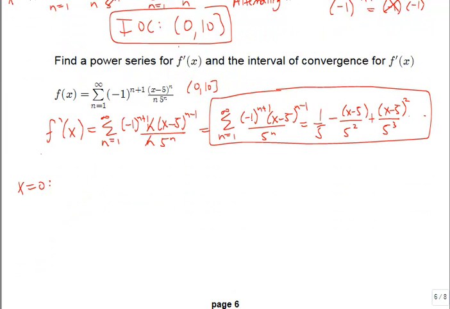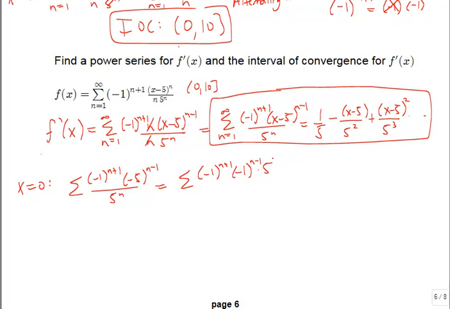So at 0, into this derivative formula, this series would become negative 1 to the n plus 1, times 0 minus 5, which is a negative 5, to the n minus 1 over 5 to the n. Breaking this up a little bit, we get negative 1 to the n plus 1, and we get a negative 1 to the n minus 1 from just the negative part.